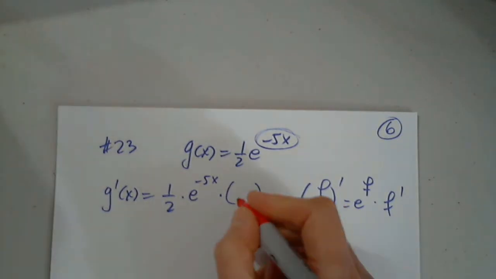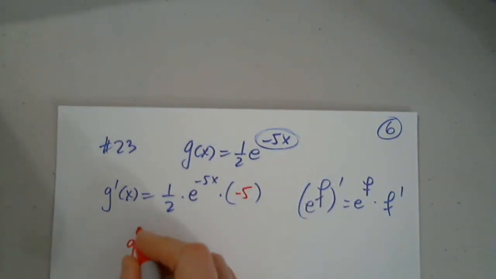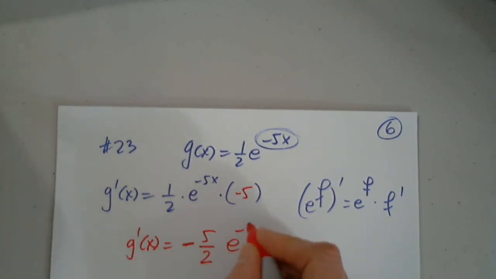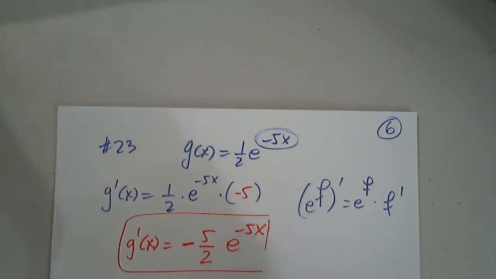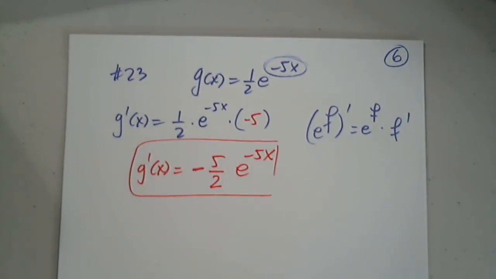Negative 5. That's it. So I will rewrite it as g prime equals negative 5 over 2 e to negative 5x. Very good. Any questions? Good pick. Anything else?